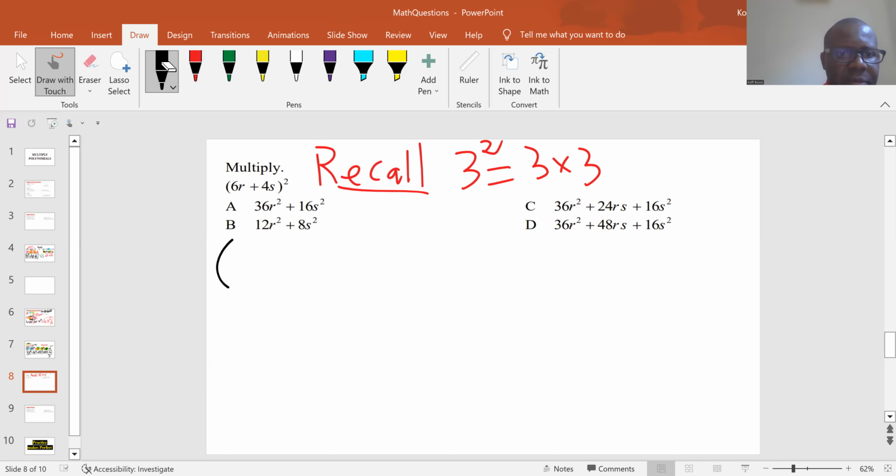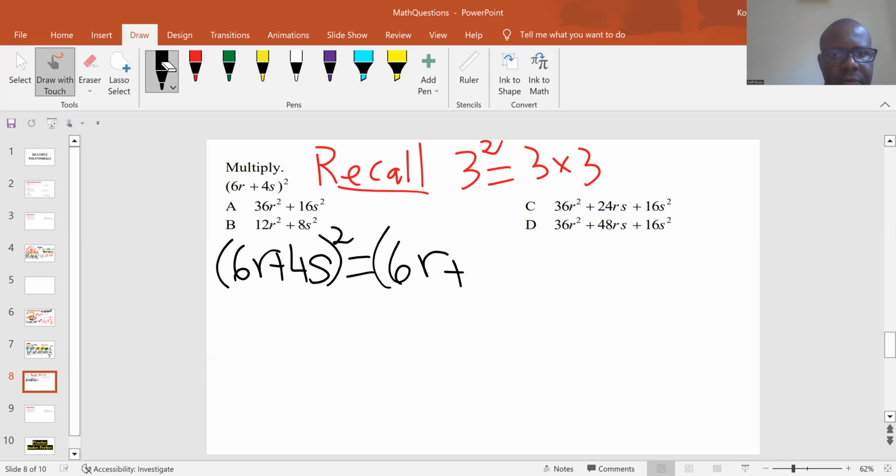When I have 6r plus 4s, everything raised to the 2nd power, this is the same as 6r plus 4s multiplied by the same 6r plus 4s.